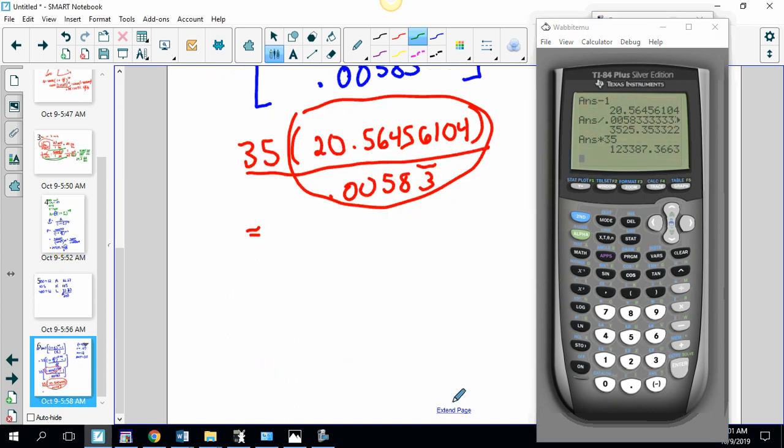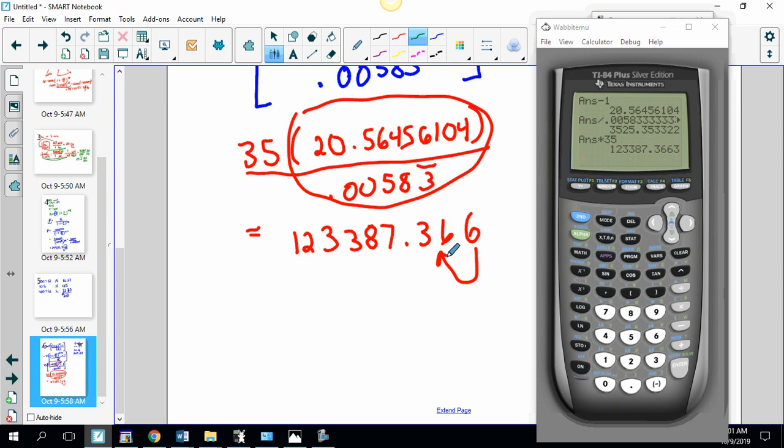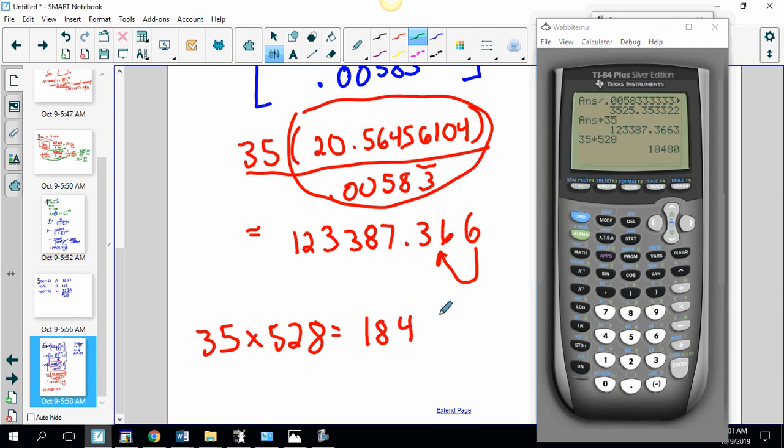And we get a nice large sum. Remember, there were how many payments? 528 payments. So $35 times 528. We only deposited $18,480, but over a life, over 40 some years, that's a lot of interest.